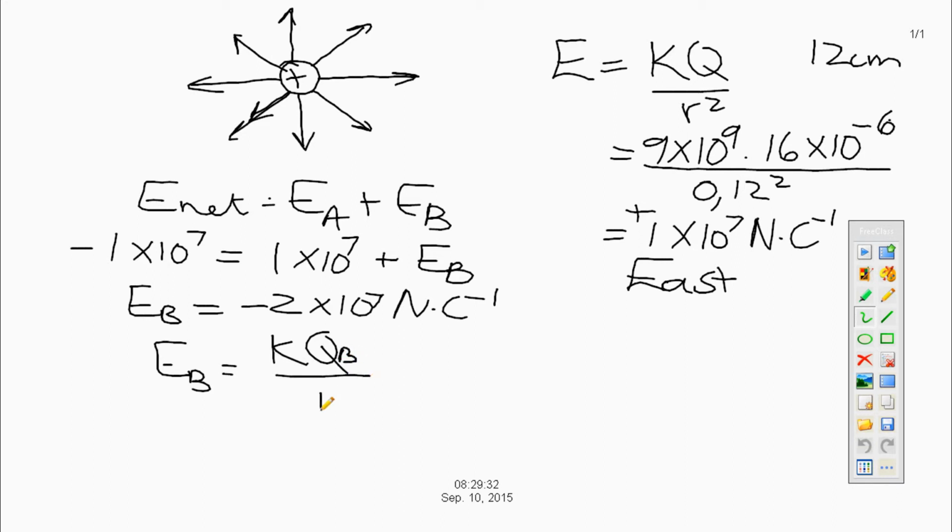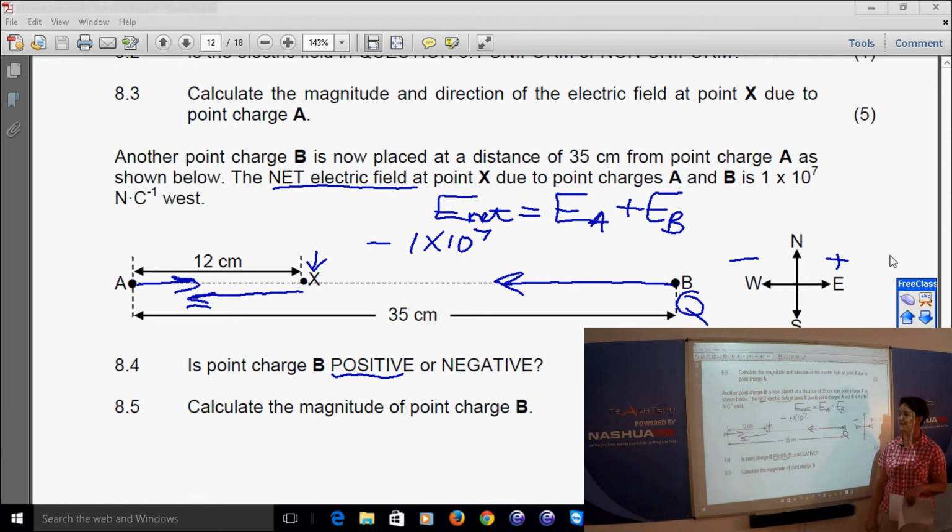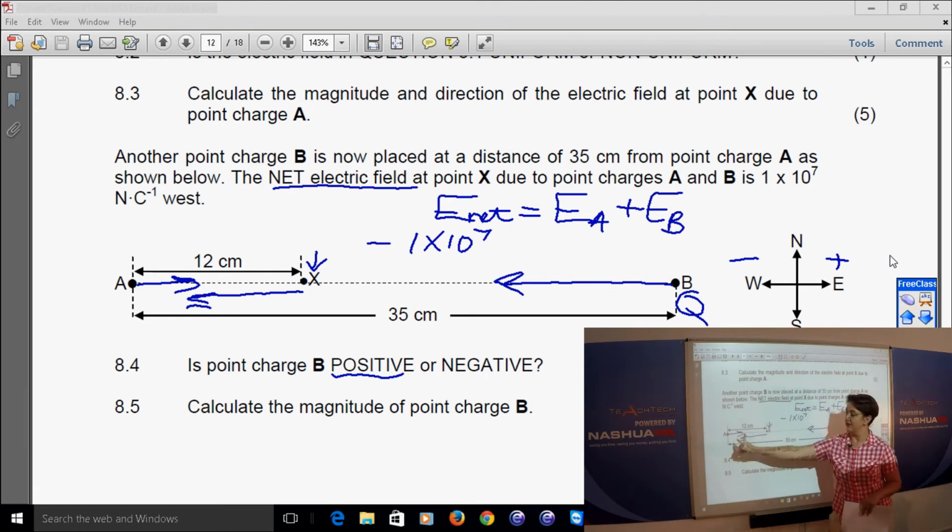And if we have that, we can go and calculate using the same formula there, but now for B, E equals KQ over R squared. We already have the electric field strength. You don't have to put in the negative, that's just direction. We do have K. Q is the question that we are looking for. And now the distance. Let's just go back to our diagram. And if we look at the distance, it's from X to B. So from A to B is 35, and from A to X is 12.